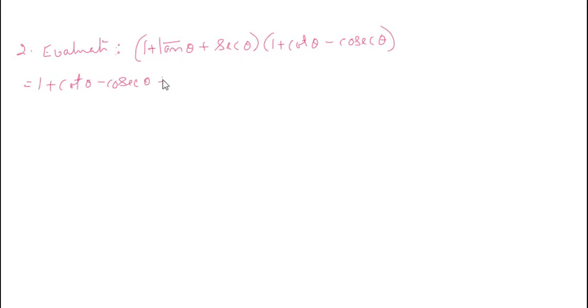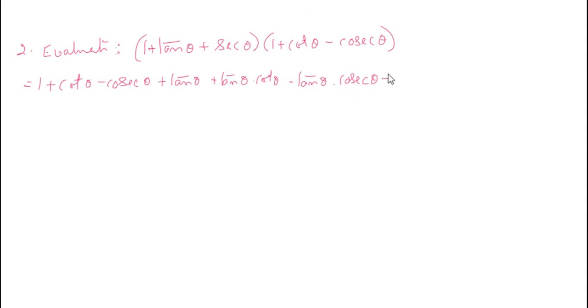So 1 into tan theta is tan theta plus tan theta into cot theta minus tan theta into cosec theta. Now I am multiplying by secant theta.